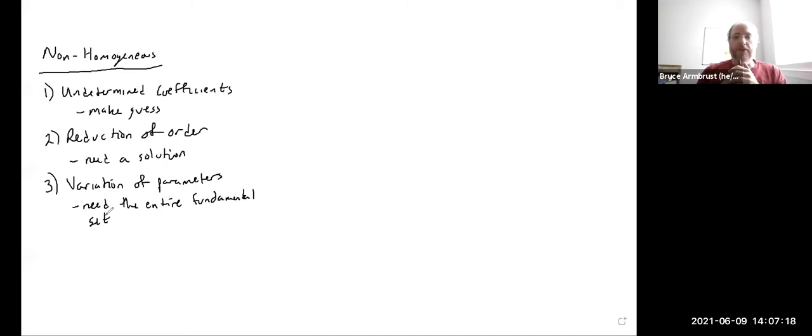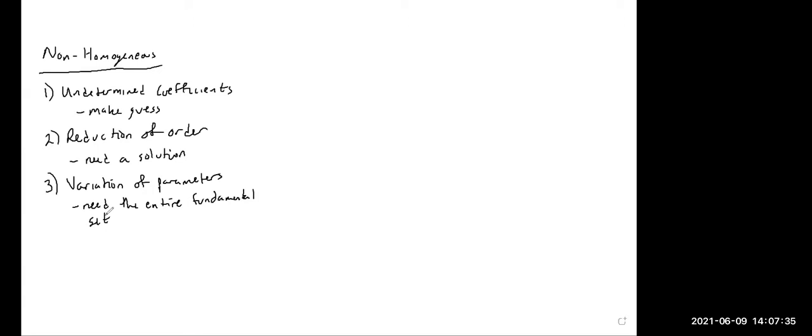And then Victor, you're also right that most people did not like that one. So what do you do if you have the entire fundamental set? What do you do with the variation of parameters?